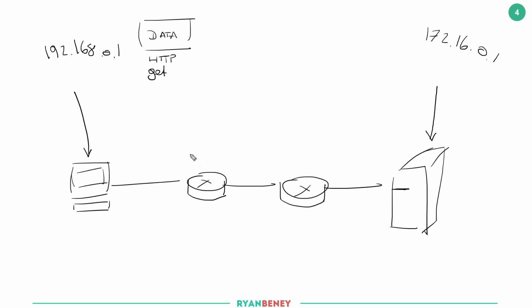So it's trying to download an HTML page from this web server over here. Therefore, its HTTP GET is put together with the help of the layer 7 application layer, the layer 6 presentation layer, and layer 5 session layer.